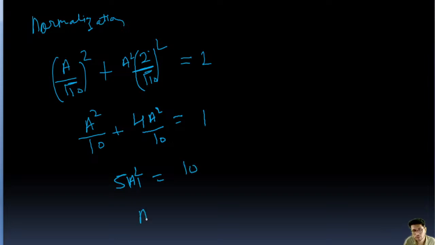So mod a square is going to be 2, that implies the value of a is root 2. Value of a is root 2.